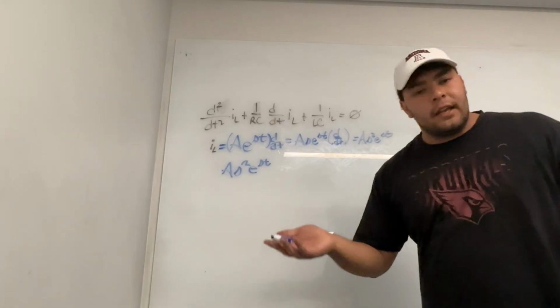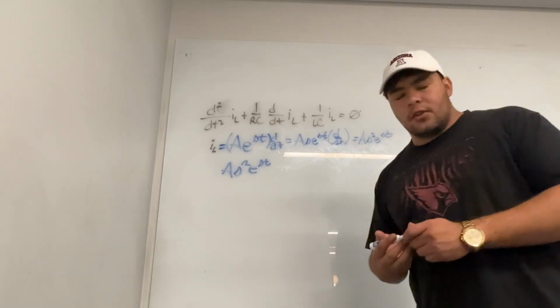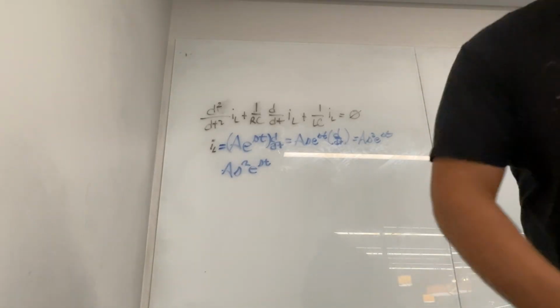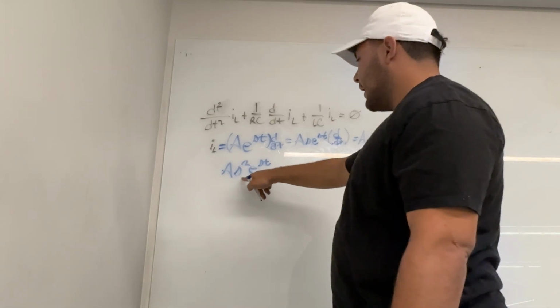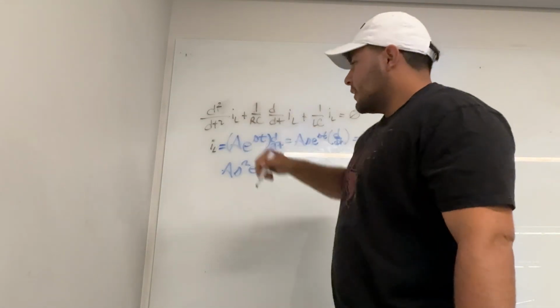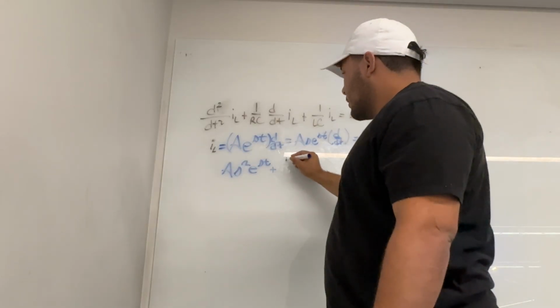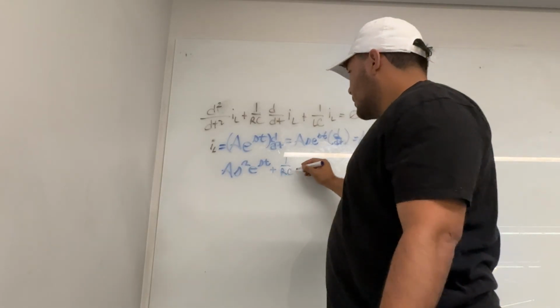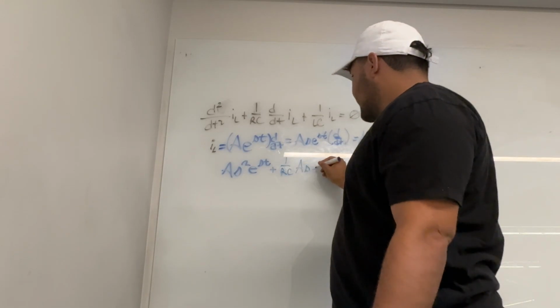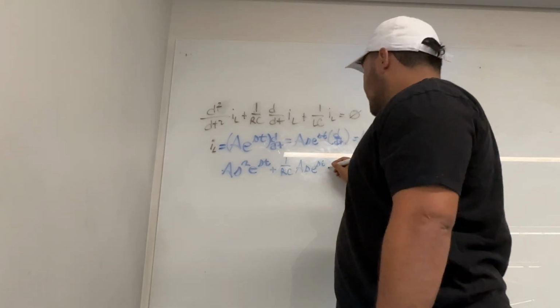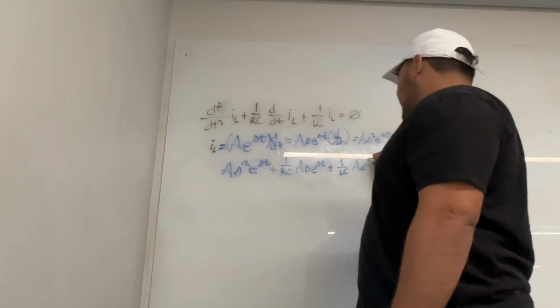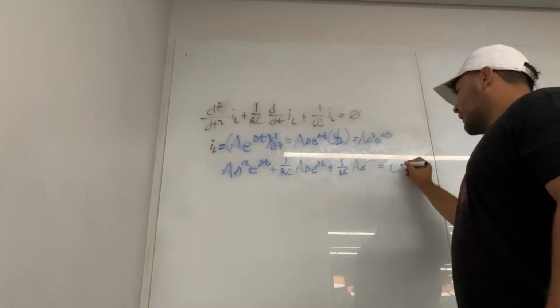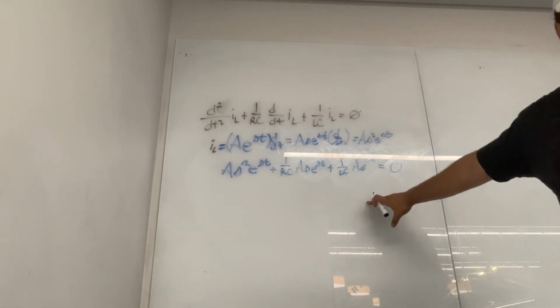If you've been doing this, you should know what is going on here. Okay, sweet. So we have A s squared e to the st. That's going to be that differential. We got 1 over RC multiplied by A s e to the st, plus 1 over LC times A e to the st. And ladies and gentlemen, that's all going to be equal to 0, okay?